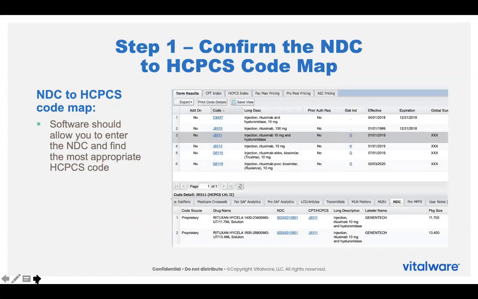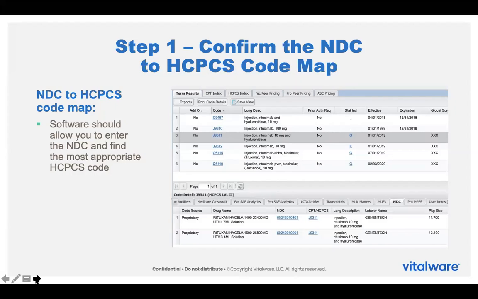So the first step is the NDC and the HCPCS, do they correlate? I find out in chemo quite a bit, because these J codes change, that in fact the NDCs a lot of times don't match. As I found yesterday in a review of a CDM, I found 6 J codes that had expired in 2018 that were still connected to the pharmacy.